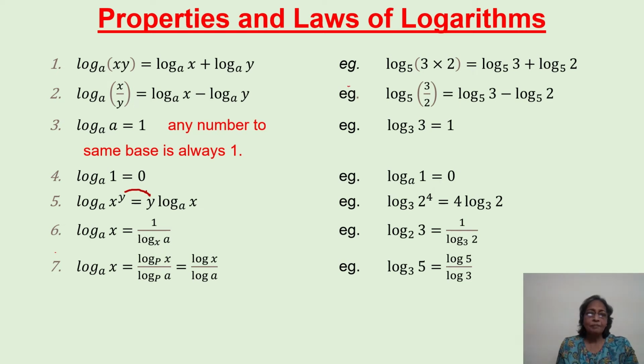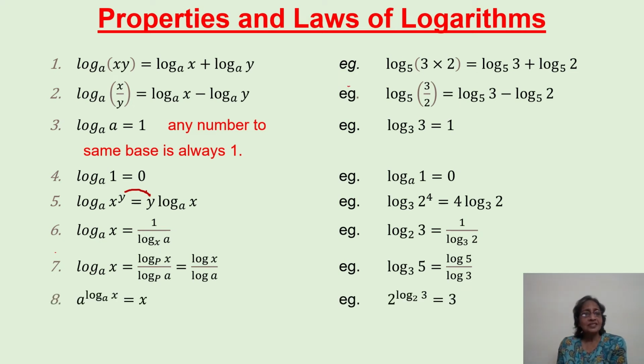Now when the bases can be taken as same, this will simply come out to be log of x upon log of a. Take this example, log of 5 to the base 3. This simply becomes log of 5 upon log of 3.